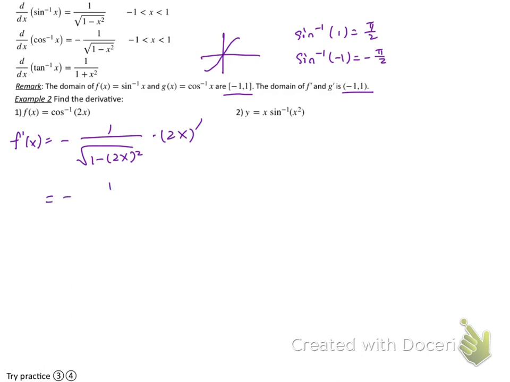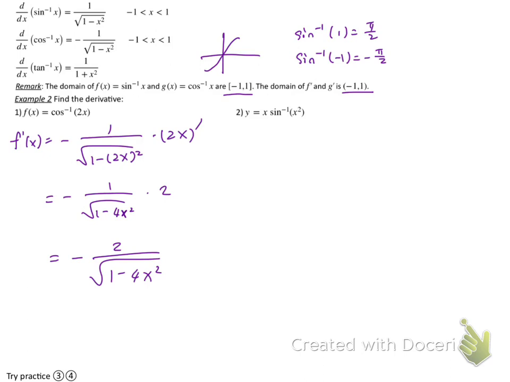This gives you -1 over square root of 1 minus 2 squared x squared, 4x squared, times the derivative of 2x, which is just 2. So this gives me -2 over square root of 1 minus 4x squared. A chain rule.